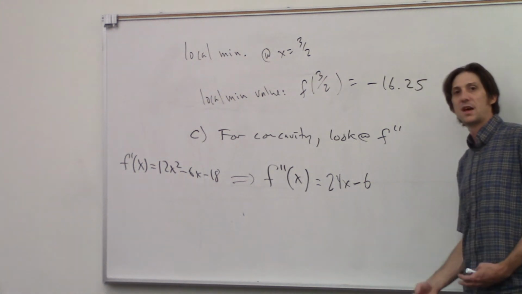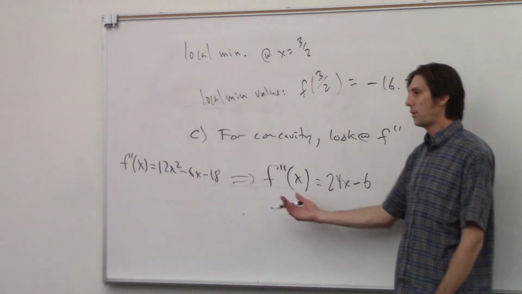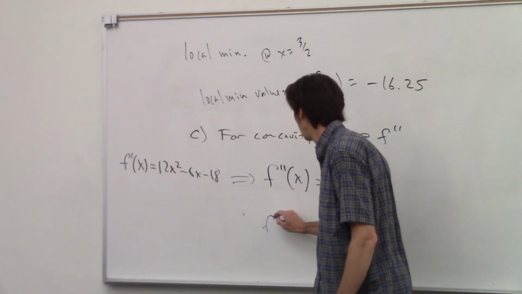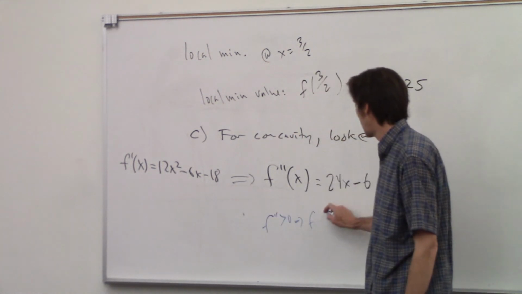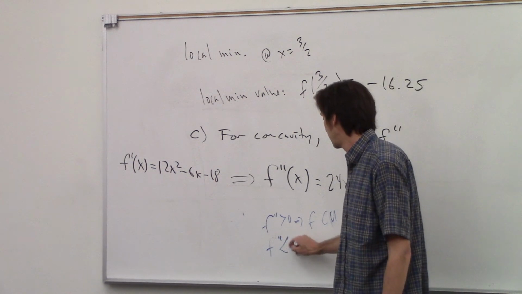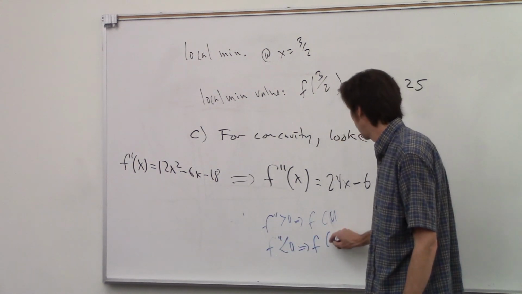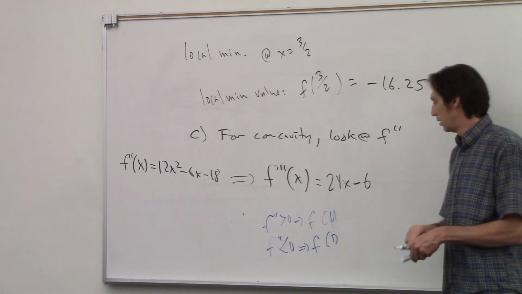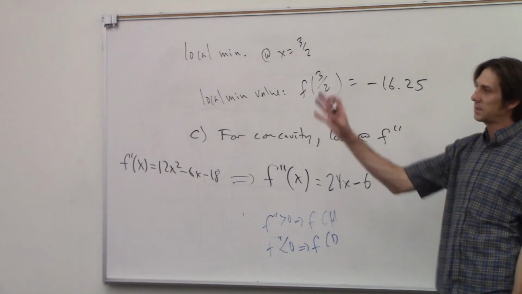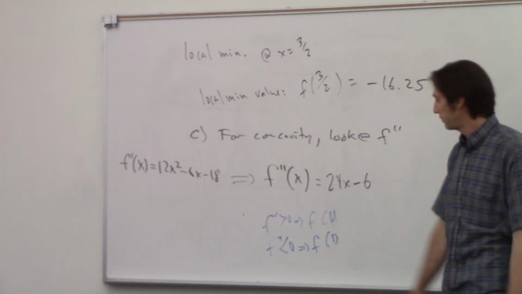The concavity test tells me to figure out where f double prime is positive. F double prime being positive means that f is concave up. The second derivative being negative tells me that f is concave down. To figure out where the second derivative is positive and negative, we do basically what we just did for the first derivative.